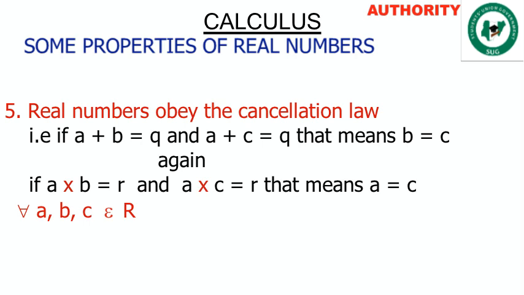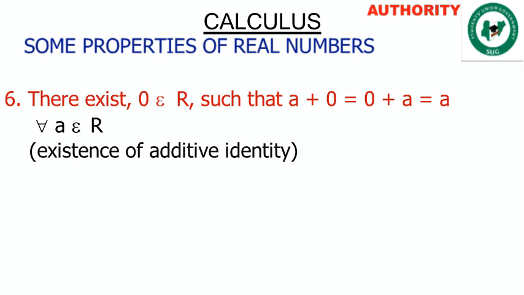Number 6. It says, there exists 0, and this 0 exists in a real number, such that A plus 0 is equal to 0 plus A is equal to A. Now look at this.